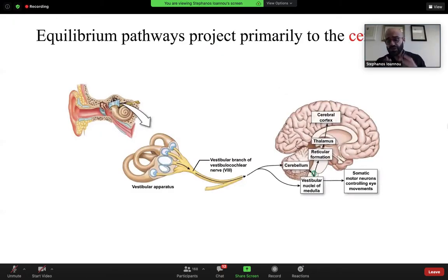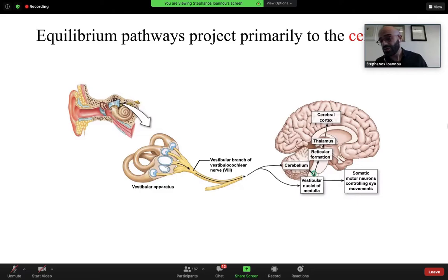Now, as soon as these specialized hair receptors are activated, and also when the otoliths displace the gelatinous otolithic membrane, the information of that activation travels all the way through the vestibulocochlear nerve to the cerebellum without synapsing, and also travels with and synapses to the vestibular nuclei of the medulla.